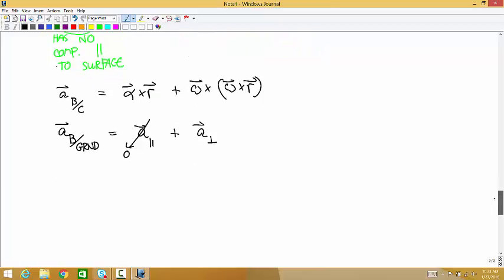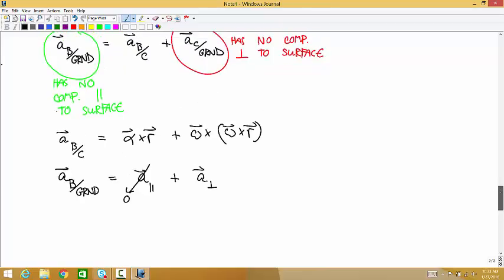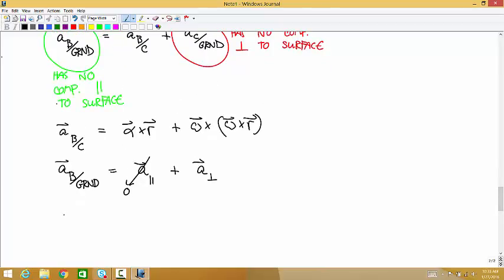And then the acceleration of C relative to the ground is equal to a parallel part plus a perpendicular part, and we know that this is equal to 0.